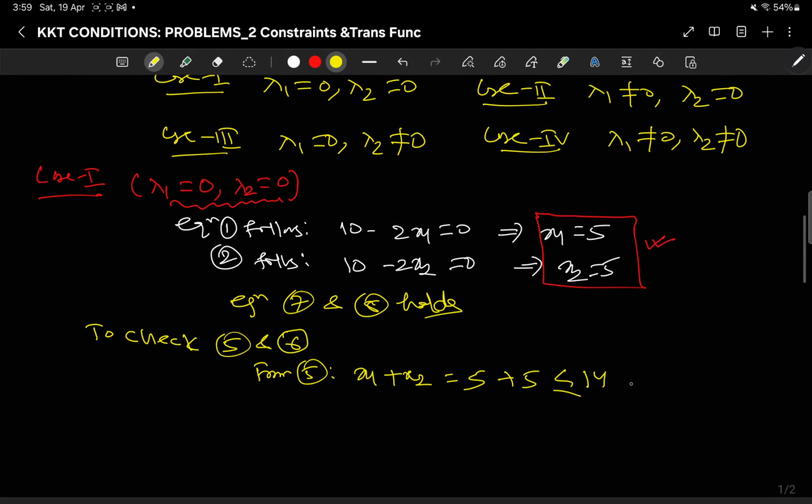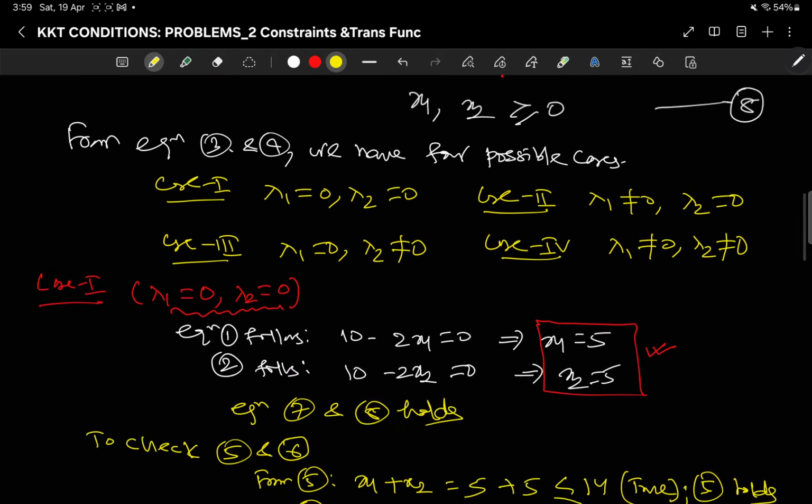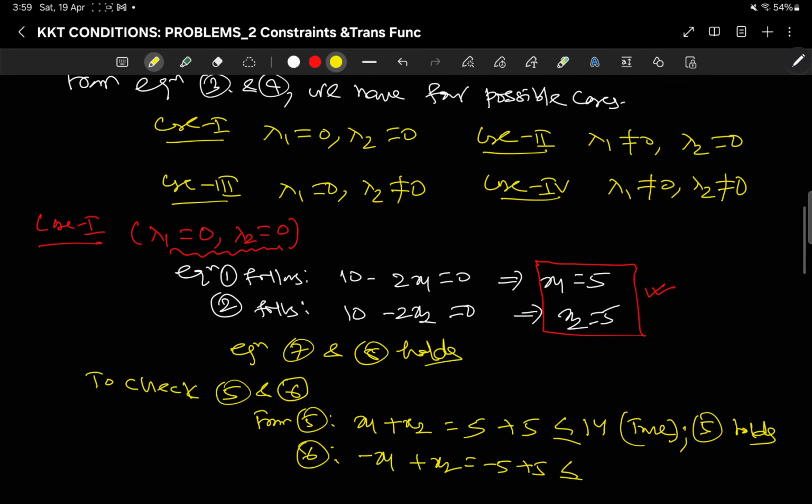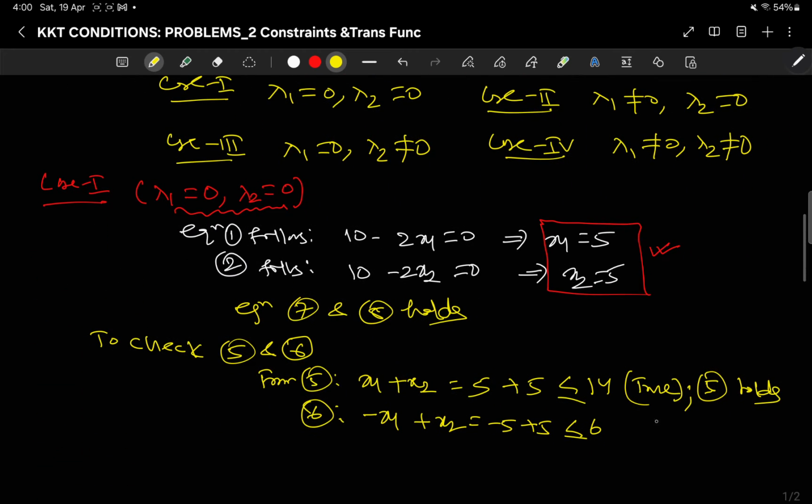True, so 5 holds. From equation 6, minus x1 plus x2 is minus 5 plus 5, which is 0, less than or equal to 6. True. So 6 holds.